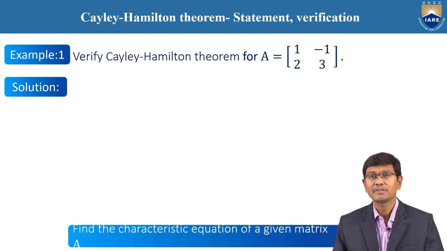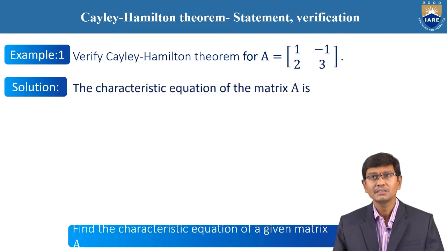First, we need to find the characteristic equation of the given matrix A, which is the determinant of A minus lambda I equal to 0. For a 2 by 2 matrix, the standard equation is lambda square minus S1 lambda plus S2 equal to 0.